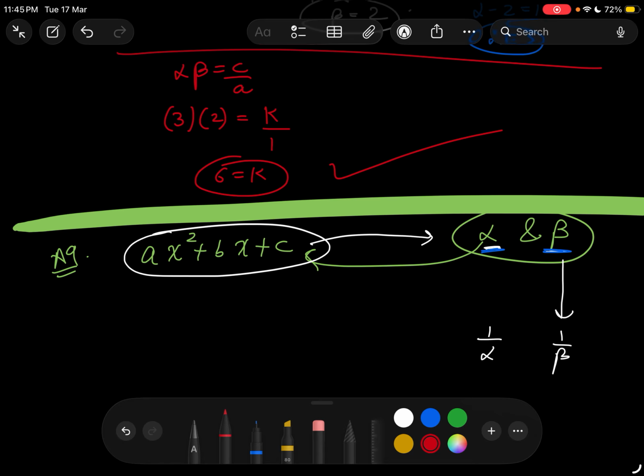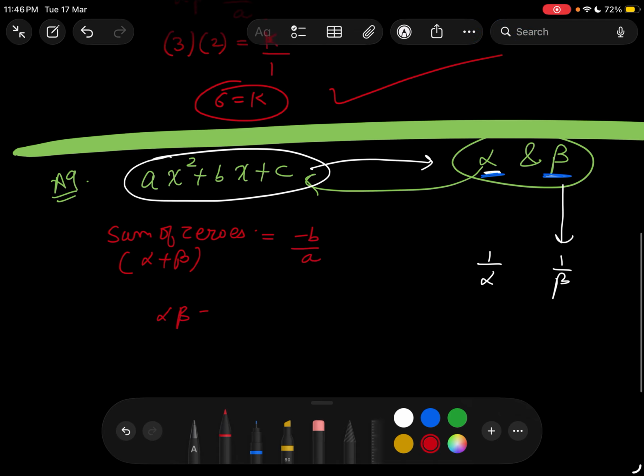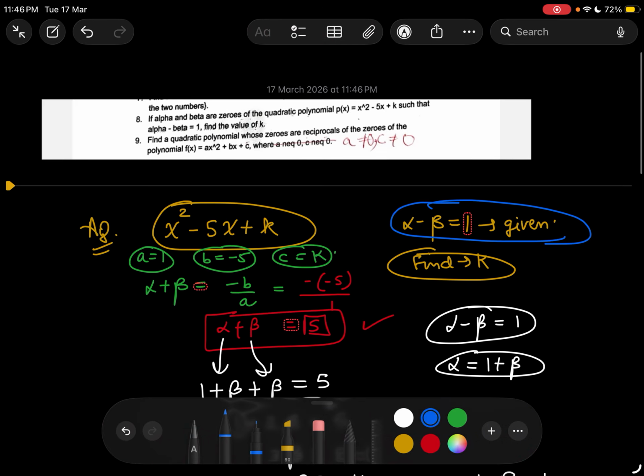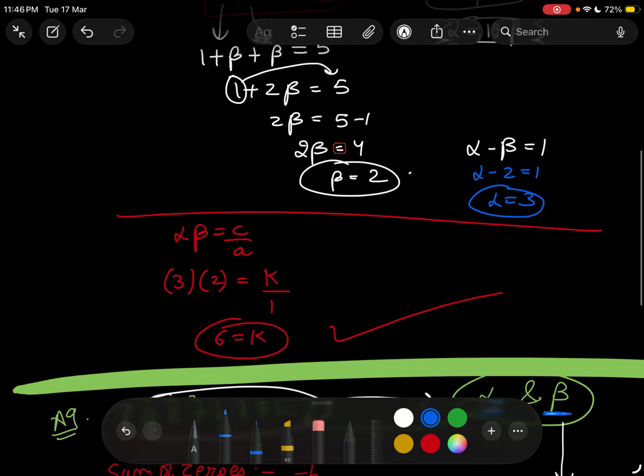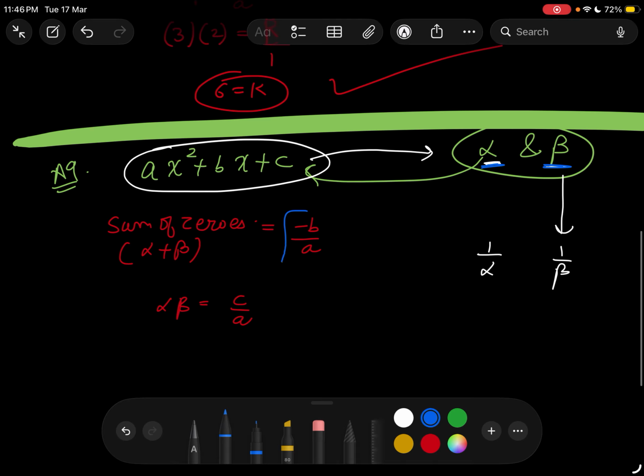So we just have to calculate the answer here, that sum of zeros is alpha plus beta, which is minus b by a, and here product is c by a, right? This is already given for ax square plus bx plus c. So minus b by a and c by a.